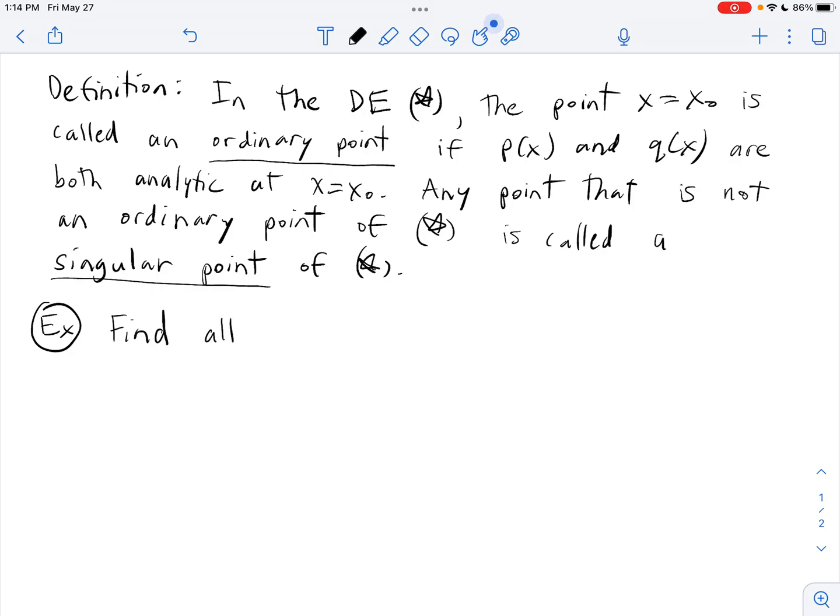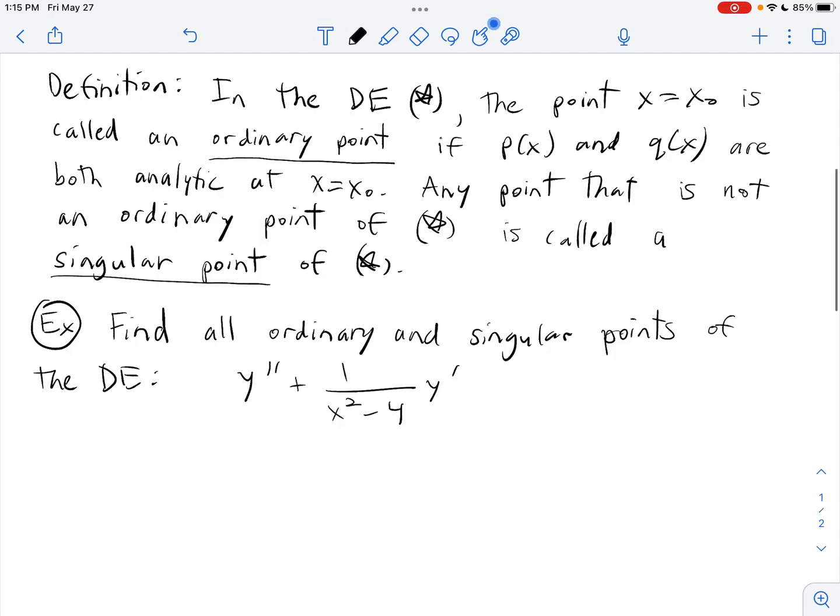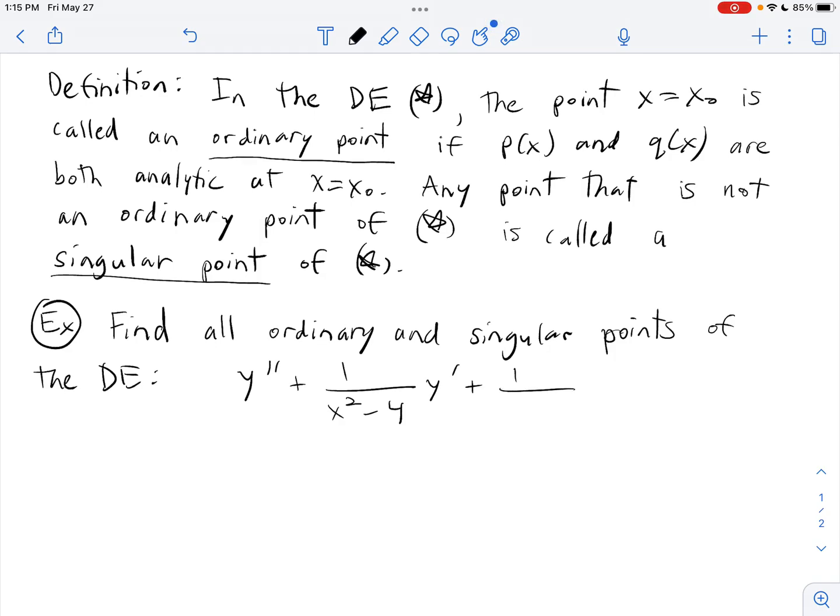So find all ordinary and singular points of the differential equation: y double prime plus 1 over x squared minus 4 times y prime plus 1 over x minus 1 times y is equal to 0.